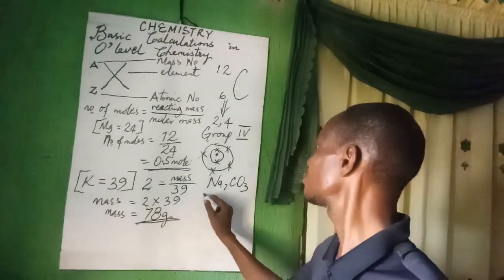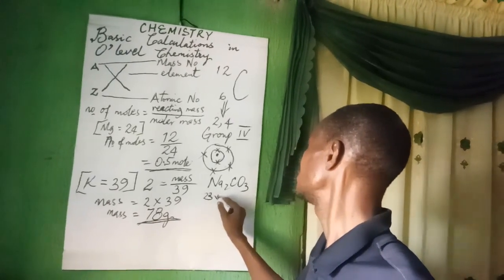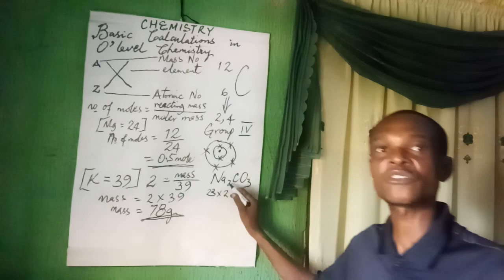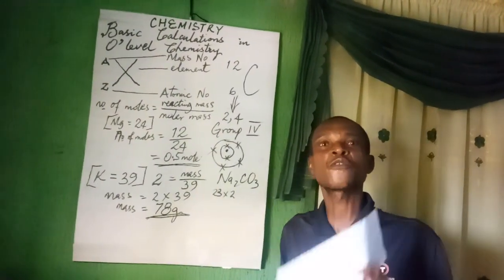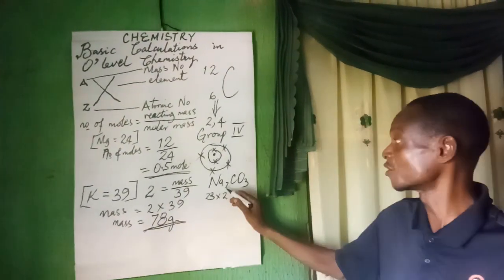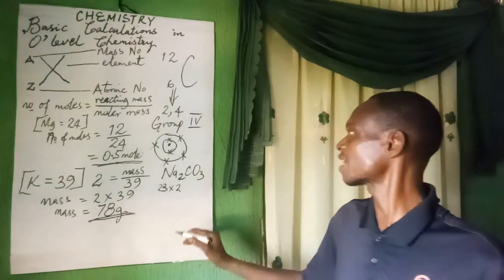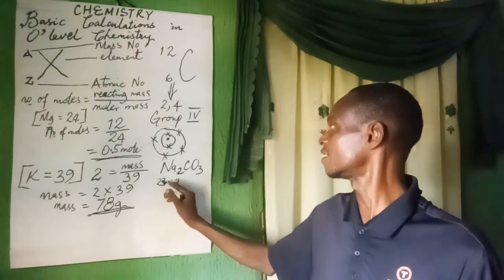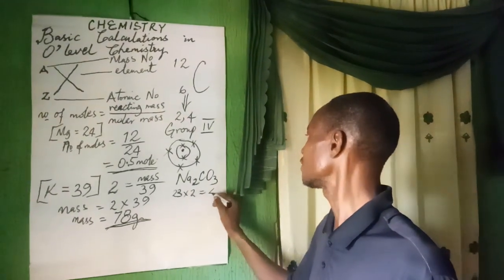We will say 23 times 2, because there are 2 atoms of sodium in this compound. The reason I made mention of the correctly written formula is that we have 2 atoms of sodium in sodium trioxocarbonate 4. So as we calculate, we say sodium is 23, its relative atomic mass. 23 times 2, that will give us what?